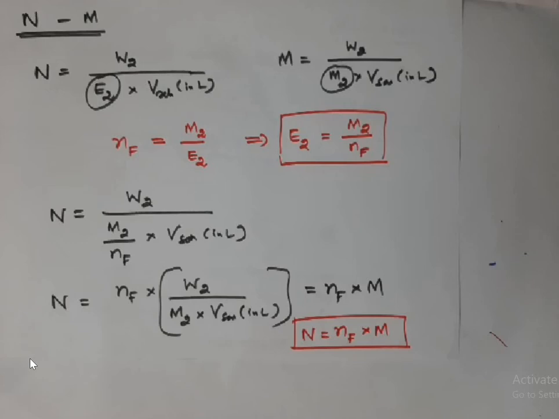If you know the n factor, you can simply write the relation between normality and molarity. Take down.